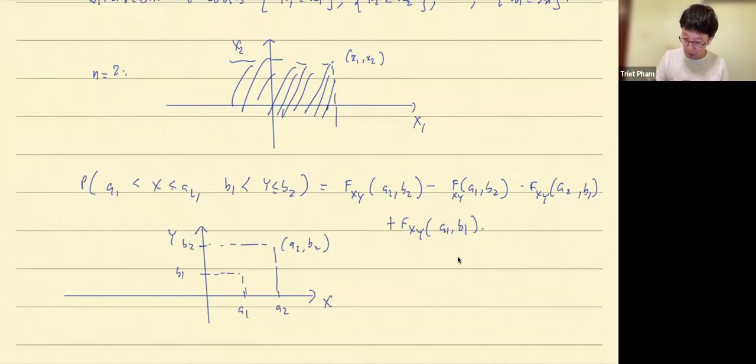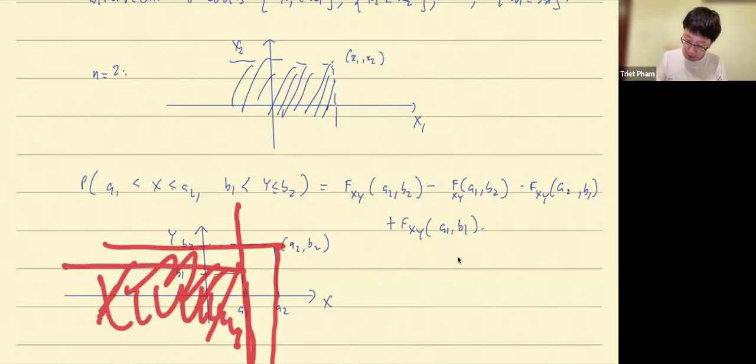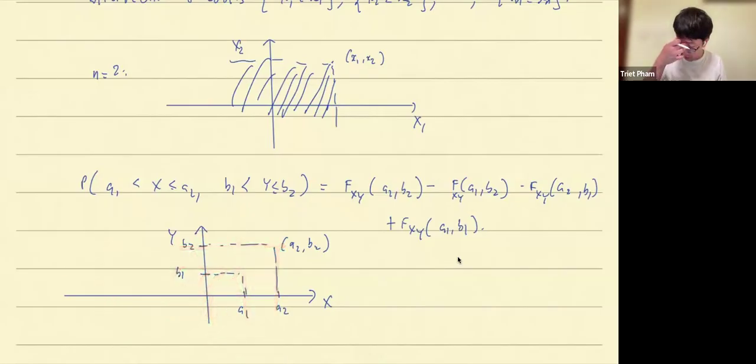So the probability that you're in this range, the area of this range is the rectangle. This rectangle, subtract this rectangle, and then subtract this rectangle. Sorry, hold on. No, I'm saying something nonsense.